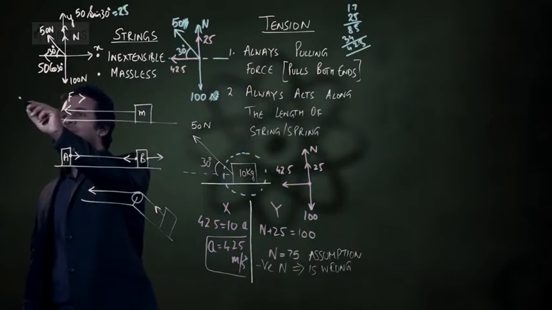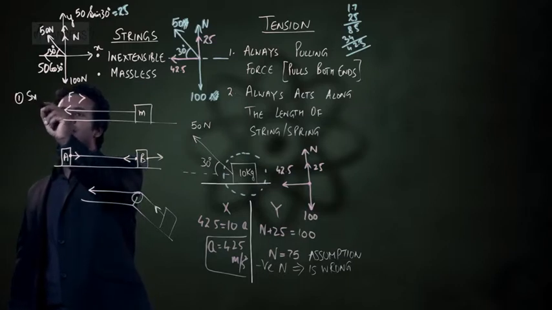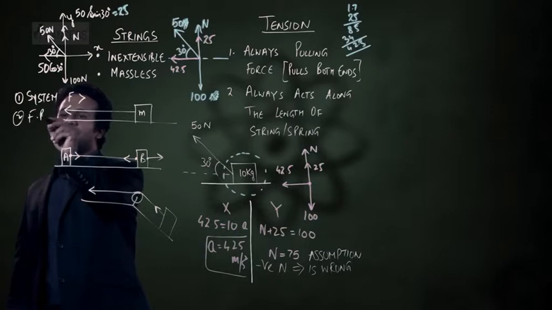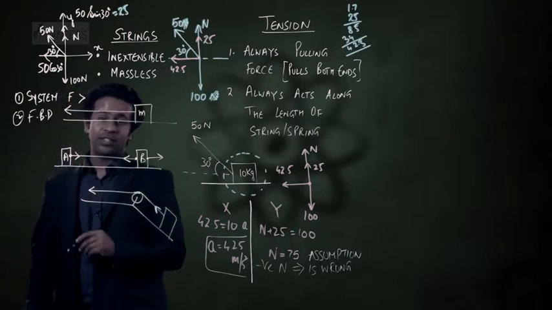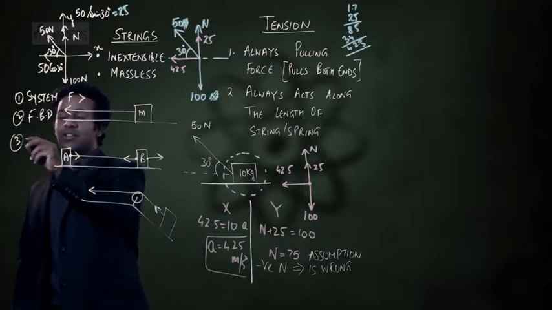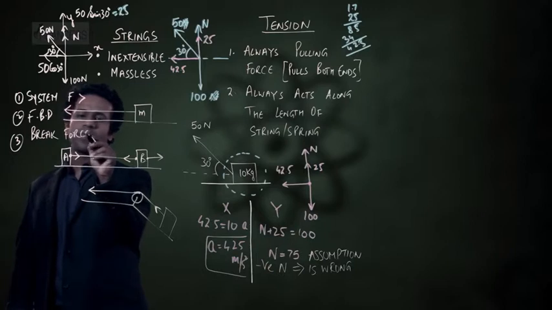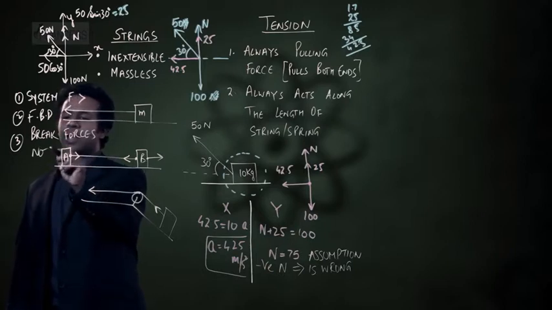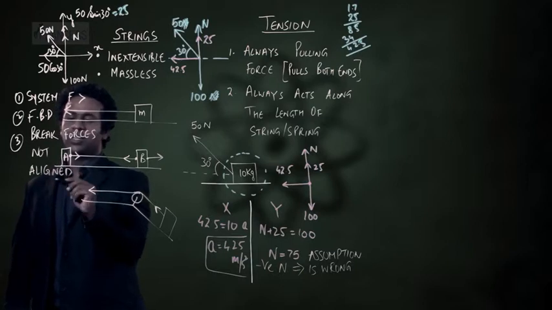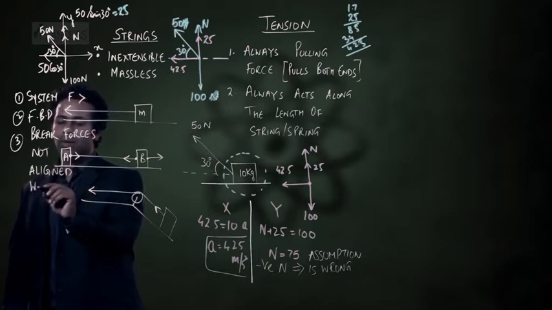Let me write the steps once again. You first identify the system, then you draw the free body diagram. We have done this so far. The third thing that we saw this time is to break down the forces not aligned with the axis.